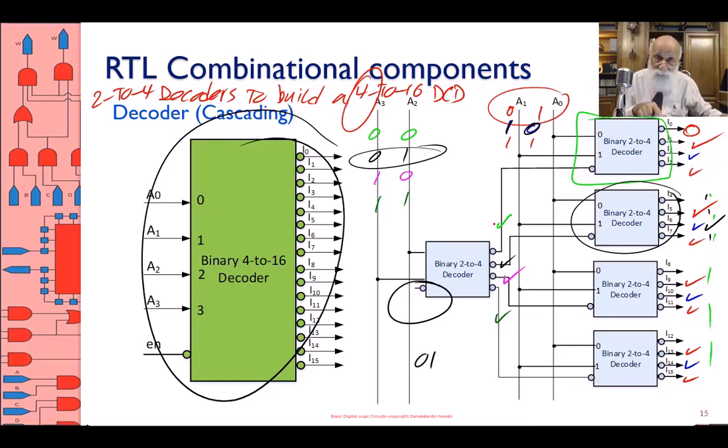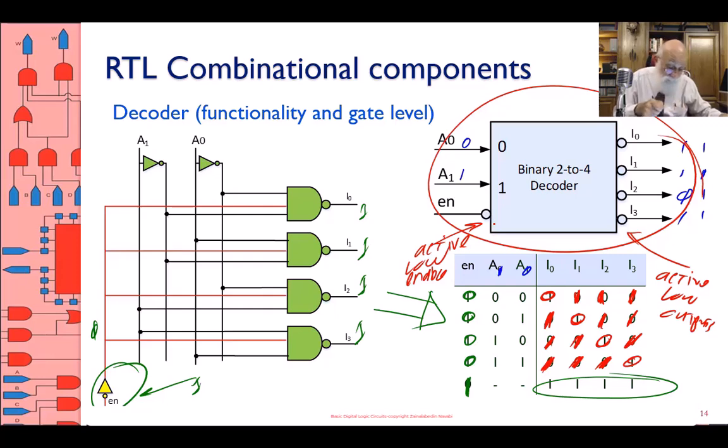If instead of doing this, you had gone to this green circuit and added your A3, A2, and just expanded it into larger NAND gates, this circuit would be a 4 to 16 decoder with much smaller delay. So cascading is good, but it keeps adding more delay.